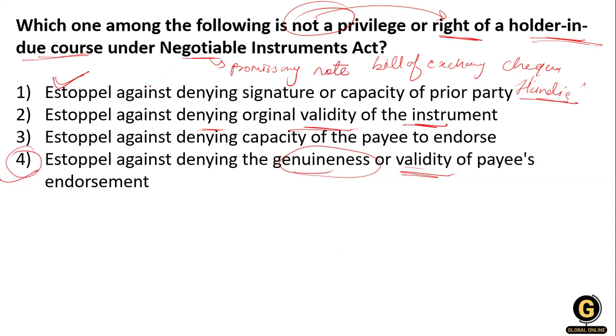Clear. Now, what is the estoppel against denying the original validity of the instrument?